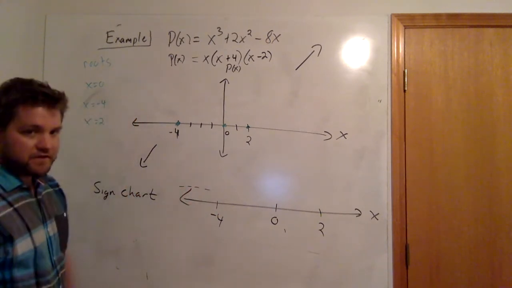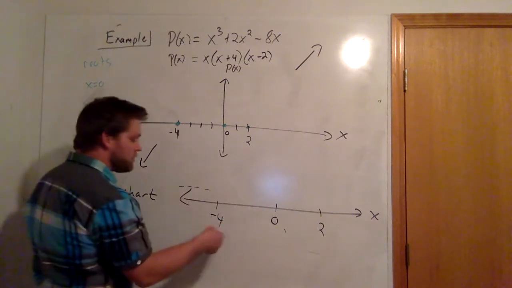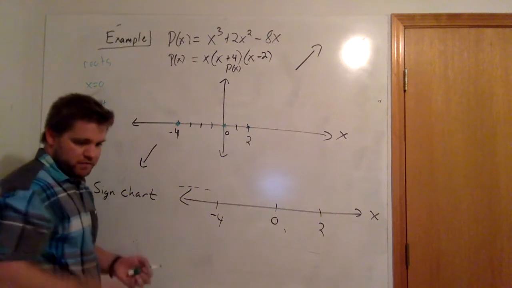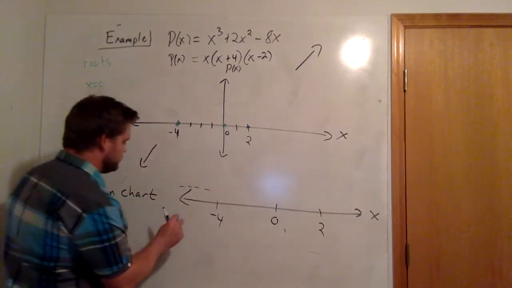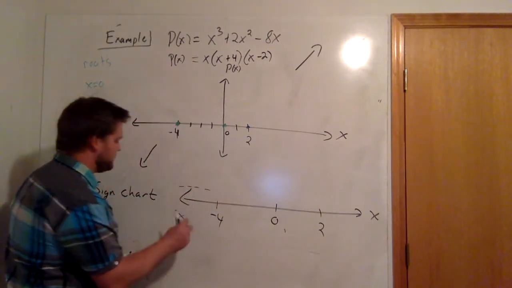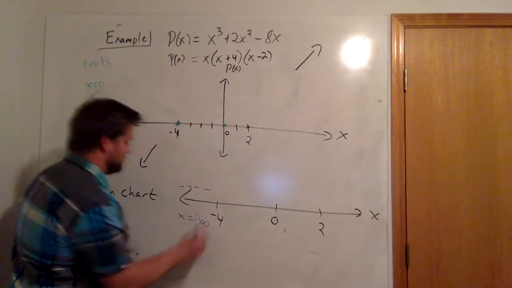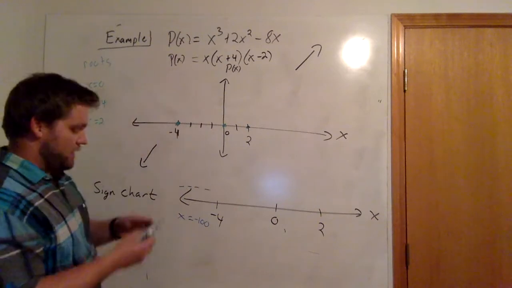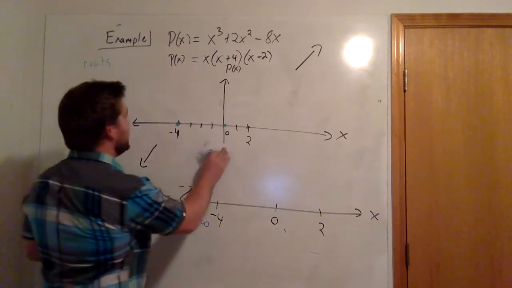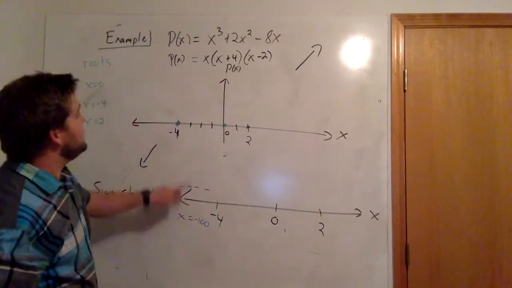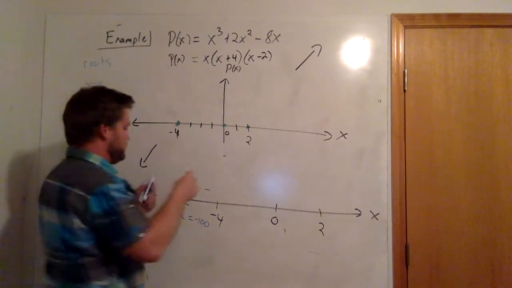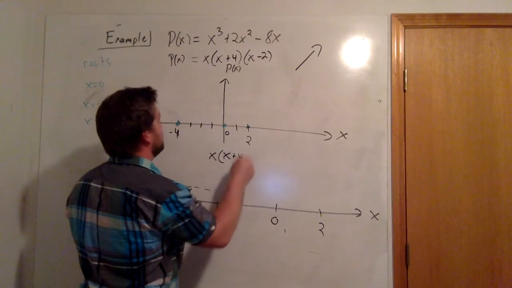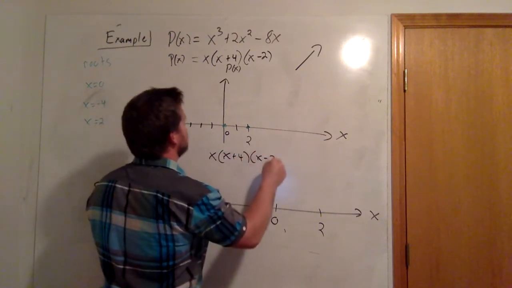Another way to verify this is let's just pick any number less than -4. How about we choose, in a different color, maybe blue, what if we choose, now it doesn't have to be -5, how about like -100? So what if I plug in -100 into this function? What am I going to get as an output? Well, if I plug in -100, let's actually write this right here so we can keep track of it. We have x times x plus 4 times x minus 2.